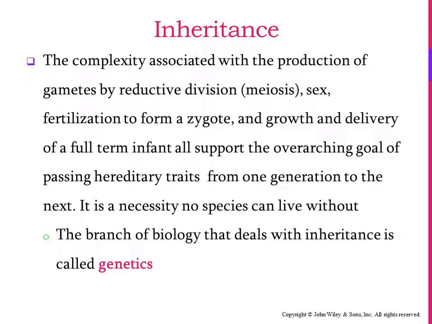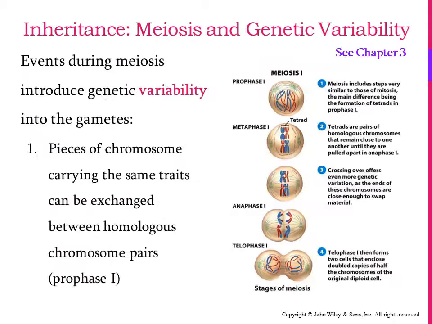So the genes encoded in the DNA of these cells will pass on hereditary traits from one generation to the next. They also direct the life functions of the individual. So it's a necessity that no species can live without. The branch of biology that deals with inheritance is called genetics.